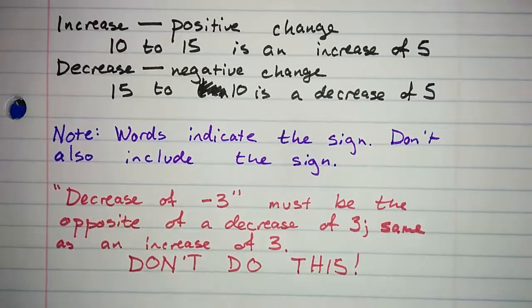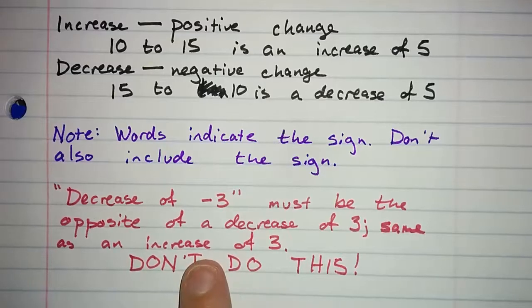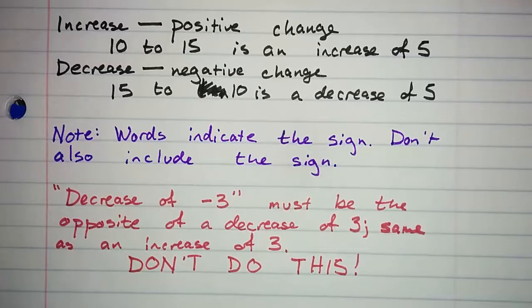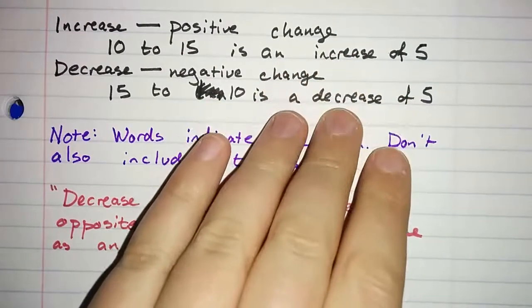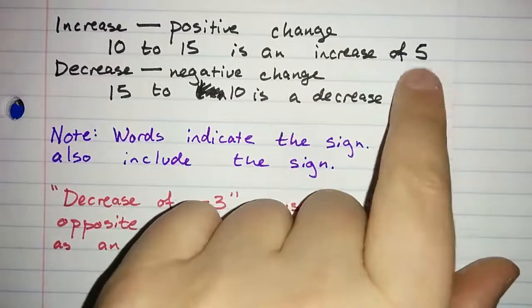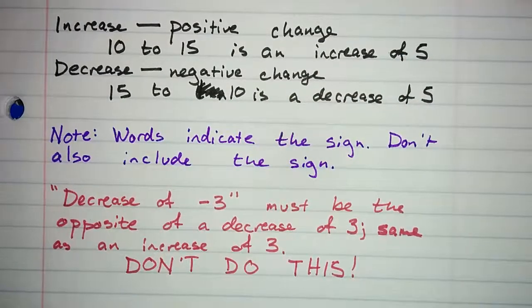When someone says a decrease of negative 3, it's impossible to know whether they actually mean what they said, whether they actually mean an increase of 3, or whether they actually meant a decrease of 3. This is math class. We should always mean what we say here, and we should also be clear about what we're saying. So never say a decrease of negative 3. It's a terrible idea. We use the word increase or decrease to indicate the sign, and it comes with a positive number, a number with no sign attached to it.